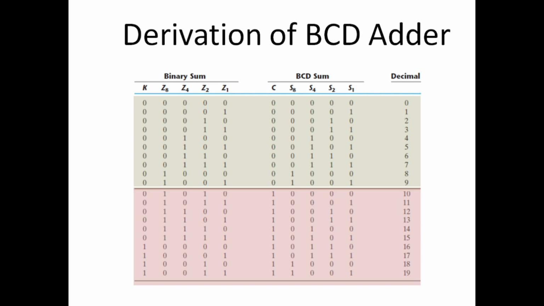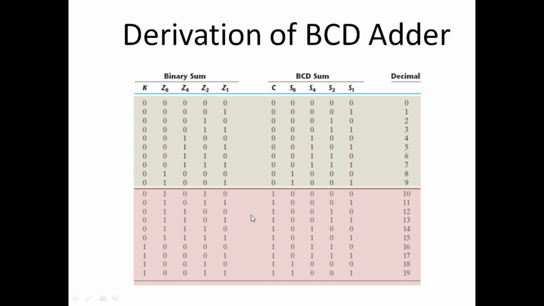If we look carefully at these output combinations below this line, then we can see that with every binary sum, if we add 0, 1, 1, 0, that means 6 in decimal, then it becomes the correct BCD sum. For example, if 0, 1, 1, 0 is added with this binary sum, then it would become 1, 0, 0, 0, 0.